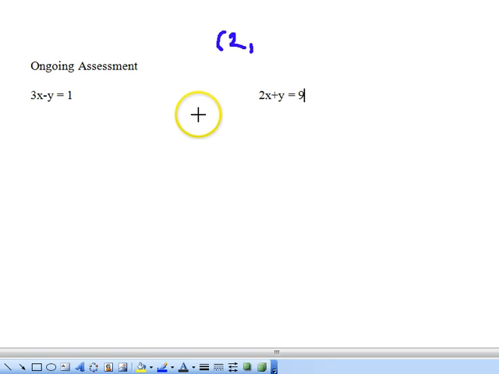Okay, so we're going to solve this equation for x. Okay, so we're going to add y to both sides, plus y, and we get 3x is equal to y plus 1.